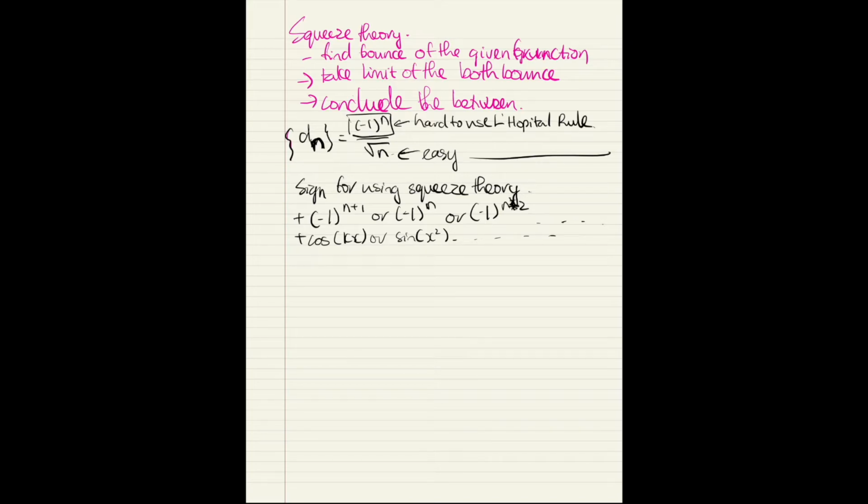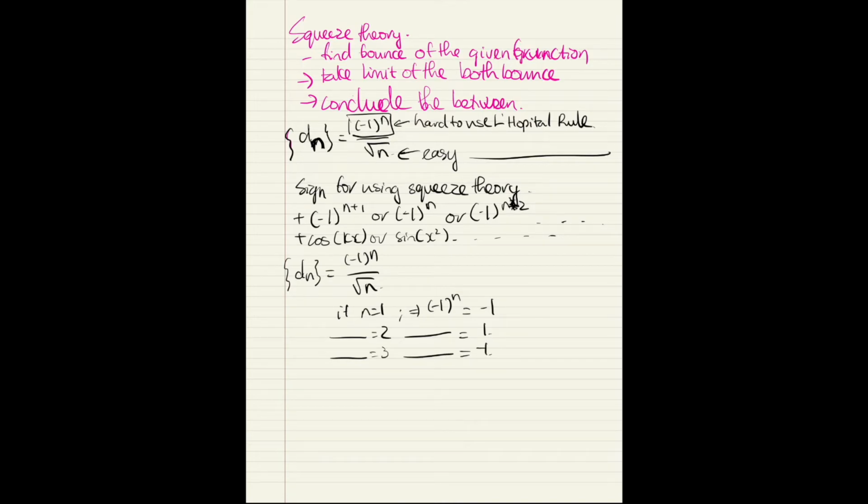Okay, so for example, the question d_n equals (-1)^n over the square root of n. You can see if n equals 1, then (-1)^n equals -1. If n equals 2, then (-1)^n equals 1. If n equals 3, then (-1)^n equals -1.